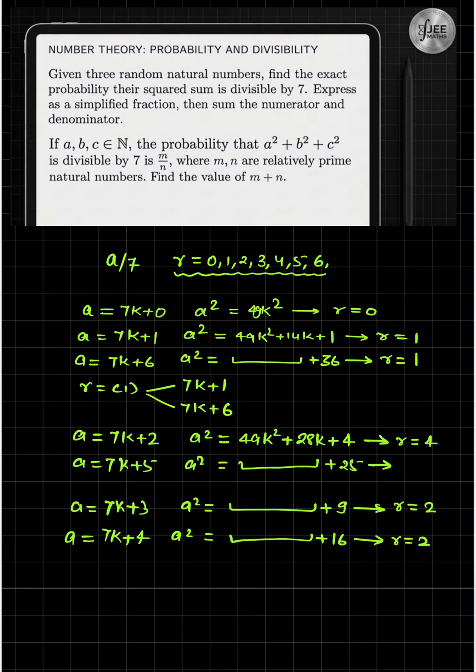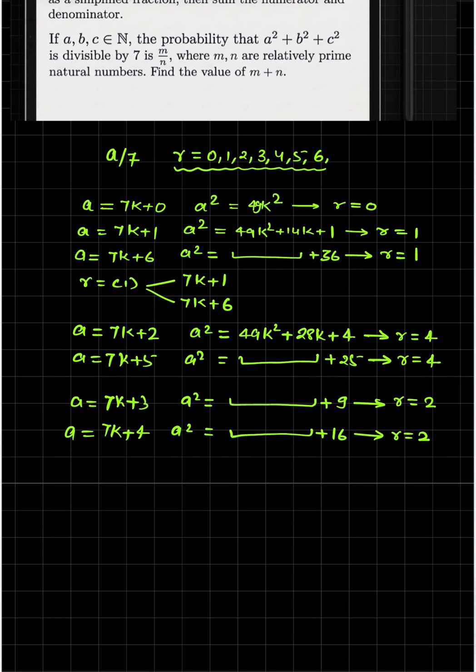When we divide this, we get remainder 4. And 7k plus 6, so we have used all the cases. So ultimately, in all the cases, we can conclude easily that the remainders we are going to get are 0, 1, 2, 4.